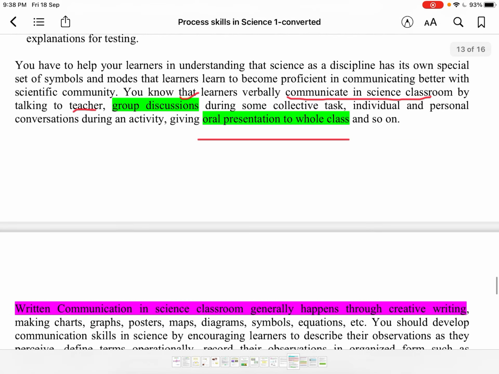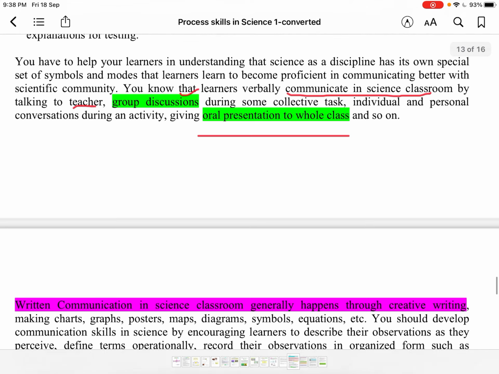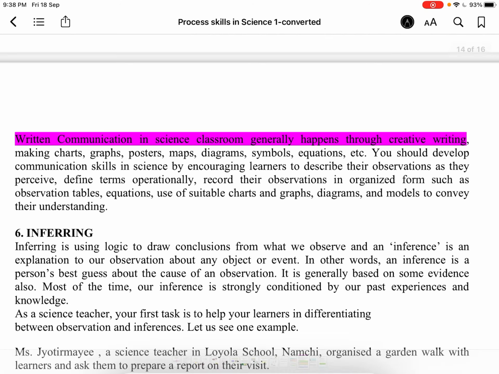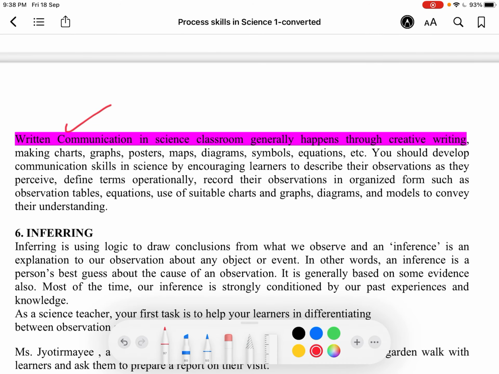And this communication skill, here it is about oral presentation, and it can also be done as written communication. Writing a thesis or dissertation are examples of written communication. In schools they cannot write a thesis, but at least they can write a synopsis, a short report of their activities, and present it in written form, like project work, and orally also they can present.